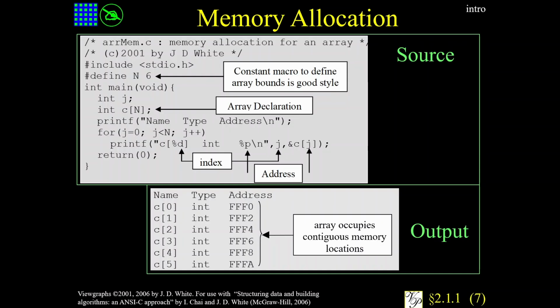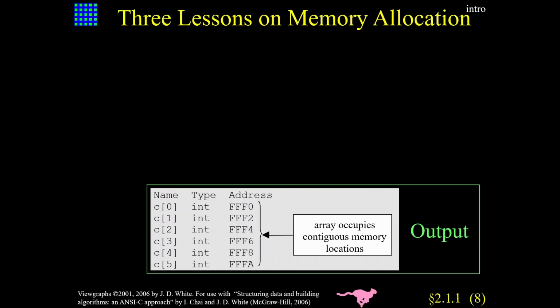Then we declare an array. The square bracket is declaring an array, and then we're just going to print out in a loop each element of the array. We're going to show the index and where that is stored in memory, so you can see the address. So let's look at the variable pointer diagram for that.